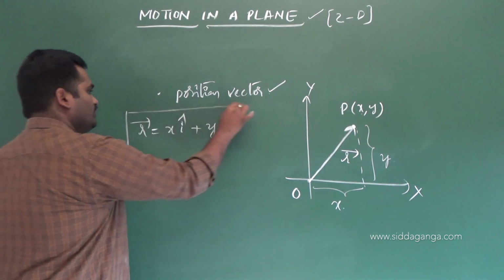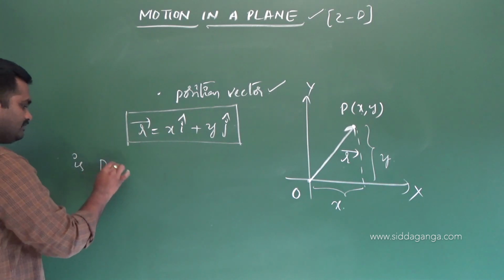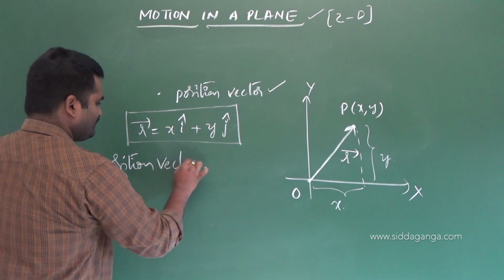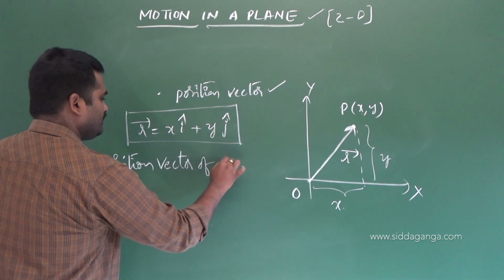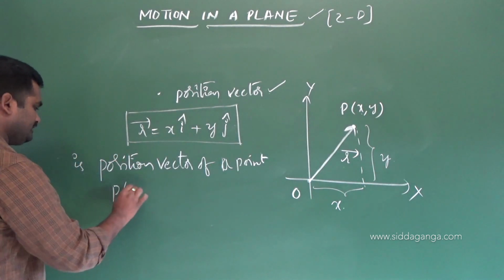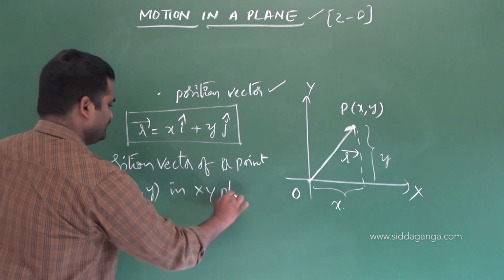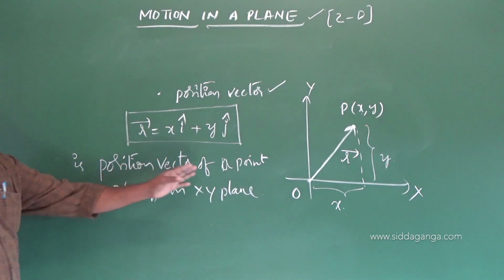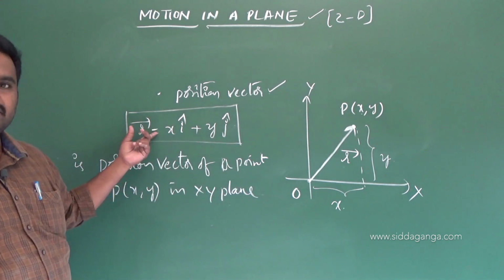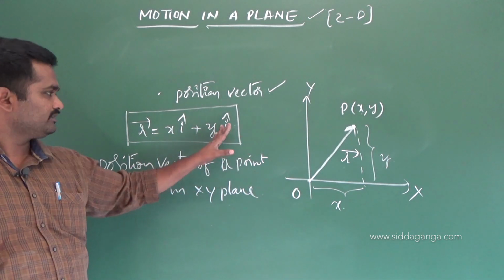This is the position vector of a point P(x, y) in the xy plane. That's how we need to write it. See, the position vector of a point P(x, y) in the xy plane is what? x i cap plus y j cap. So that's how we need to represent it.